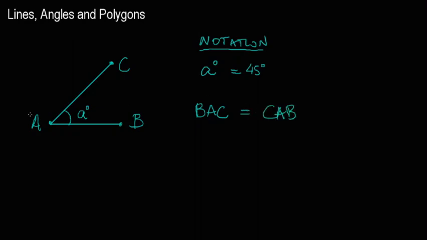Now, the point here is, since this is the point where your angle is, you have to put it in the middle. Now again, this symbol here is called a caret, right? So BAC is the same angle as CAB, which is the same angle as A.